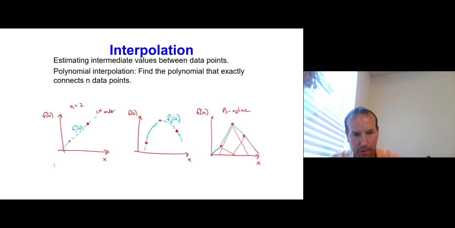So that would require 2 data points. Or a quadratic if we had 3 data points. It's n minus 1, so 3 minus 1 is 2. So a quadratic is what connects 3 data points.